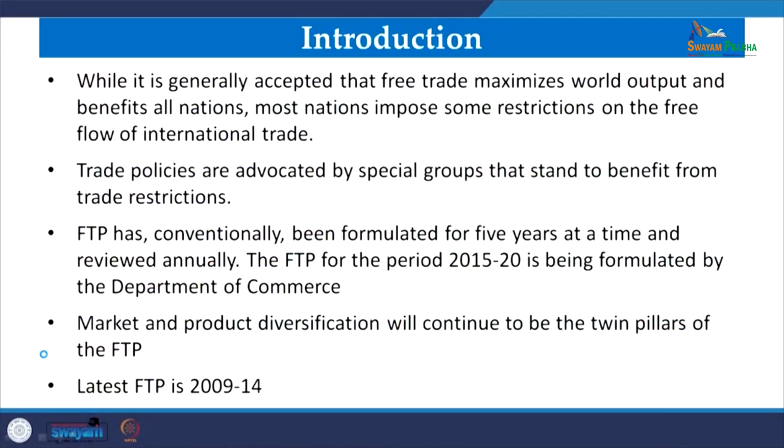What is more important in the FTP? It is all about facilitating the market and suggesting product diversification, which are the twin pillars of foreign trade policy. The earlier document was 2009-14, and now it is the 2015-20 document, especially the draft report that has already been released.